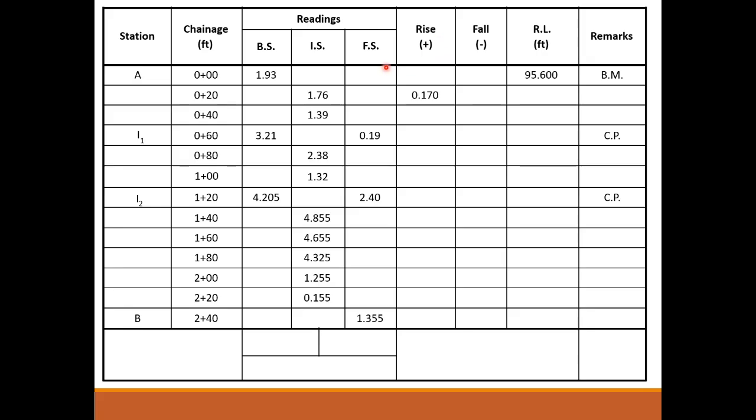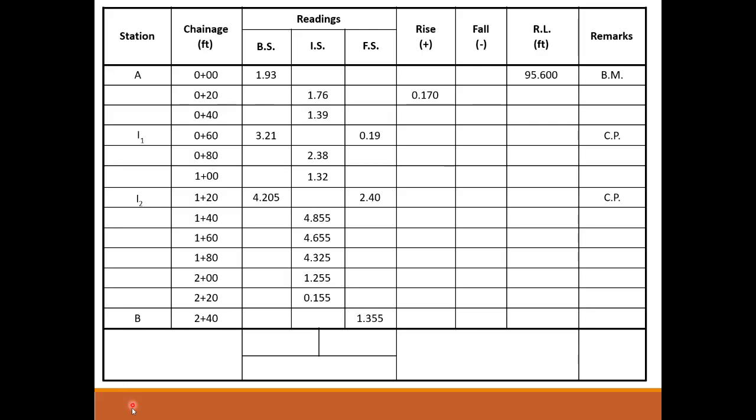So if you remember how we calculate the rise and fall, just take the difference between the two readings. If the reading comes with the plus sign, it will automatically be entered in the plus rise column, and if the answer is with a minus sign, it will automatically be entered in the minus fall column.